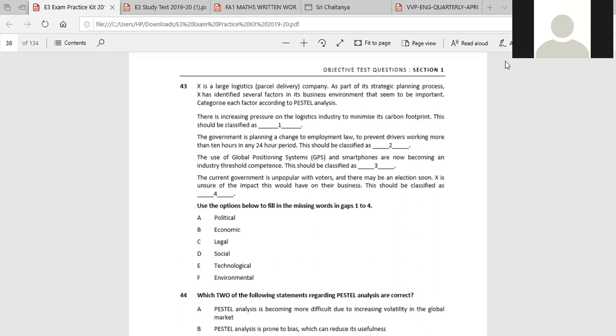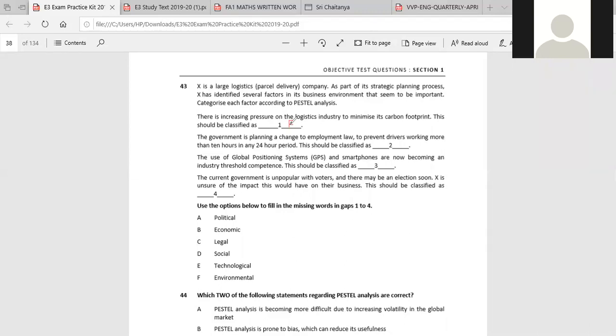Carbon footprint, minimize its carbon. Environmental, where is environmental? F. So F should come here in place of 1. So this is environmental. So option F will fit here.